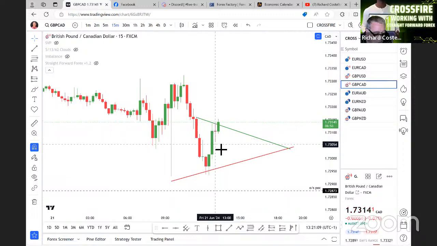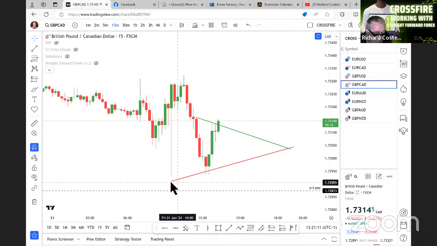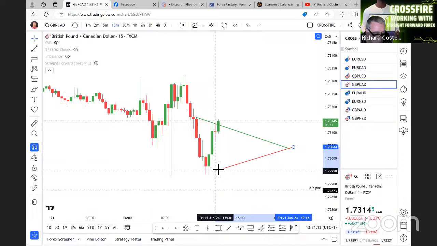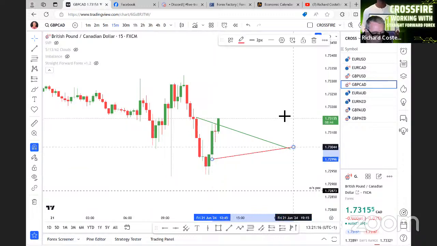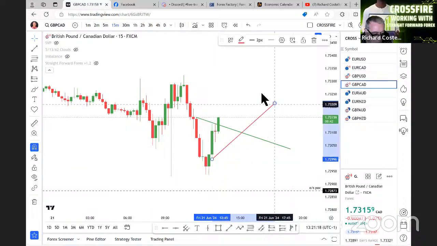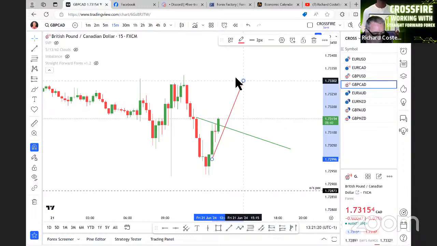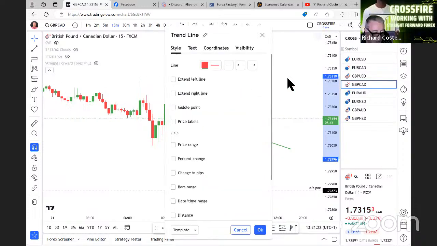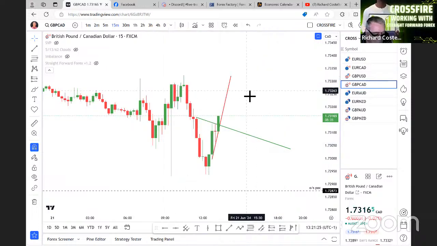Now looking at the bottom and looking left, that is obviously the nearest low. So we've got all 4 pairs almost marked up.